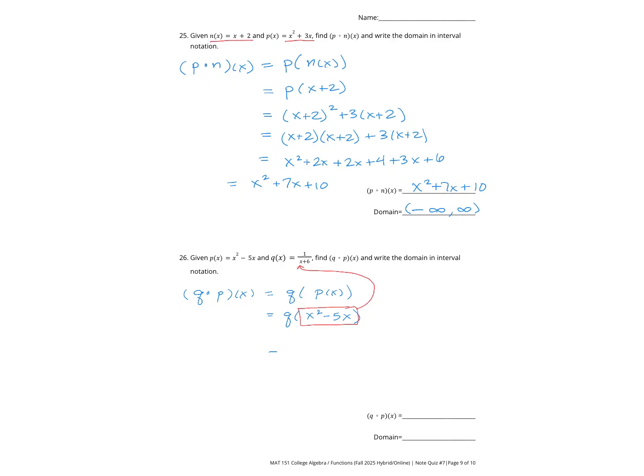So that's going to be 1 over, and again, the x squared minus 5x is replacing the x, and the plus 6 is already there, and we get a brand new function, 1 over x squared minus 5x plus 6. So that's the result of the composition.